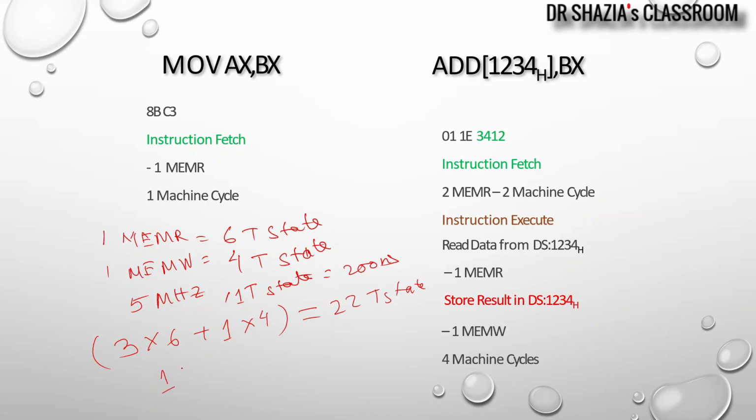So this instruction cycle will require 22 into 200 nanoseconds, which is 4400 nanoseconds to execute the instruction ADD [1234h], BX.